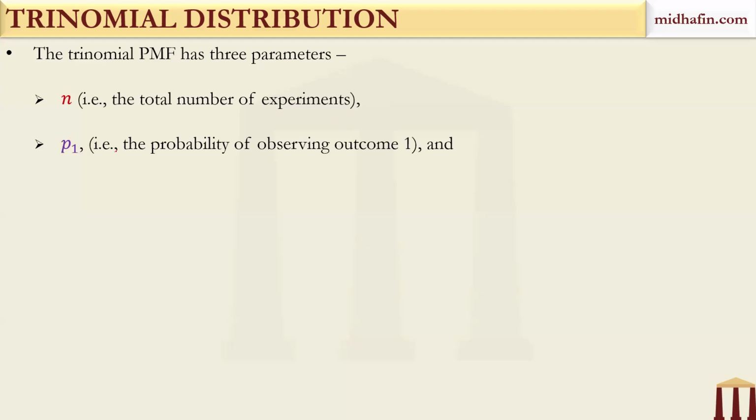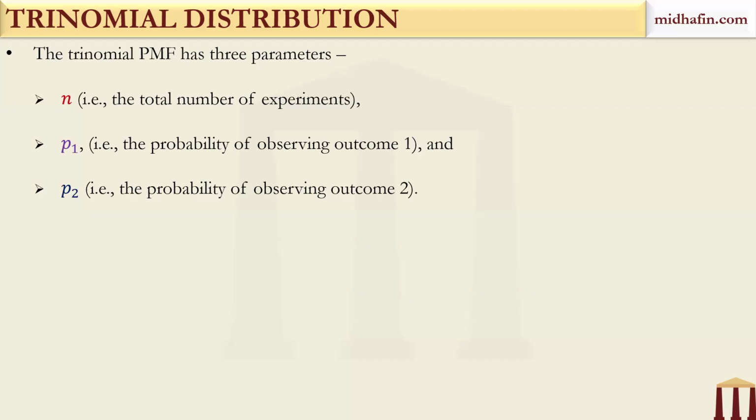Then you have P1, which is the probability of observing outcome 1, and P2 is the probability of observing outcome 2. So without any doubt, the third probability can be implied from the first two.